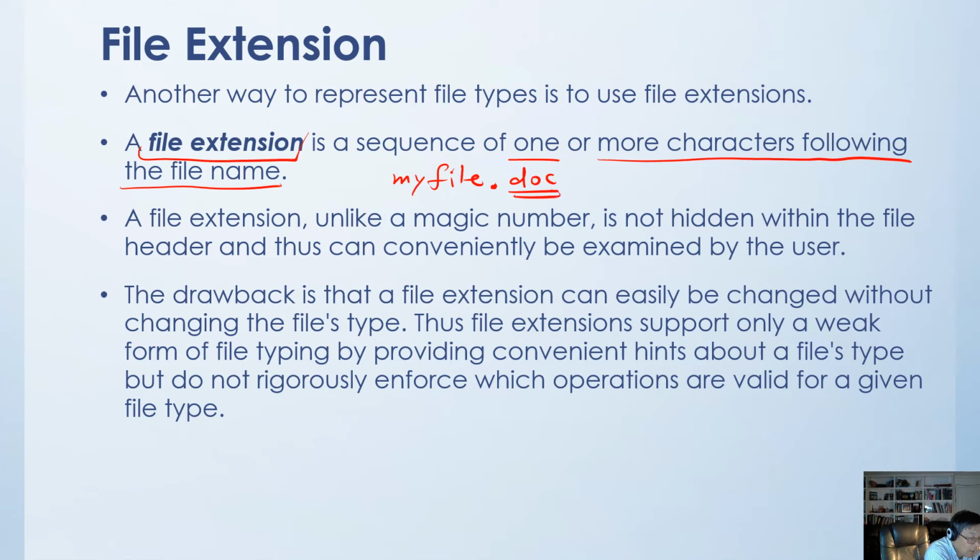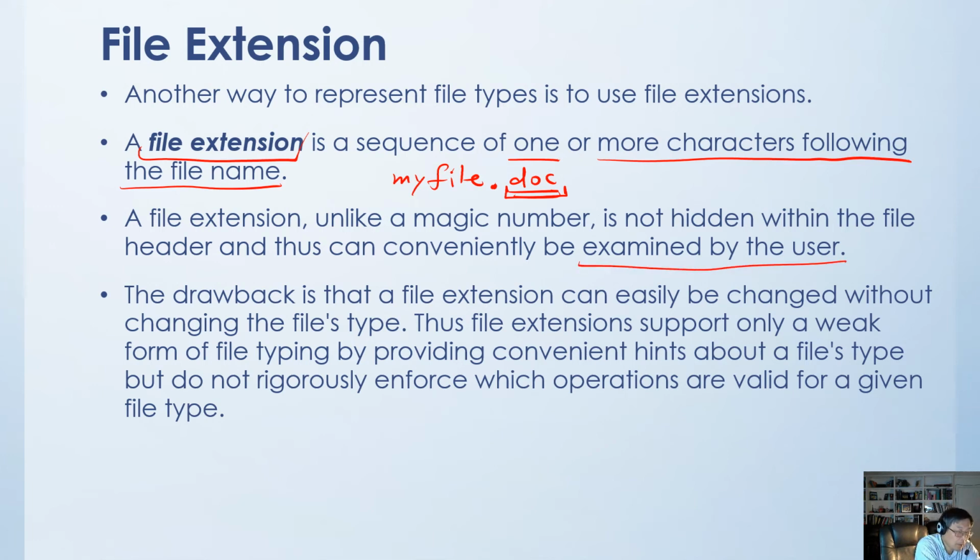This is an extension in the Microsoft operating system to represent a Microsoft Word document. A file extension is not hidden; it's visible on the file name, and thus can conveniently be examined by the users.